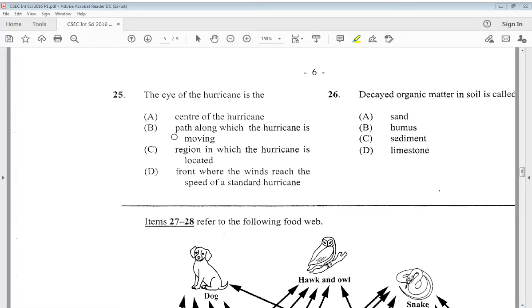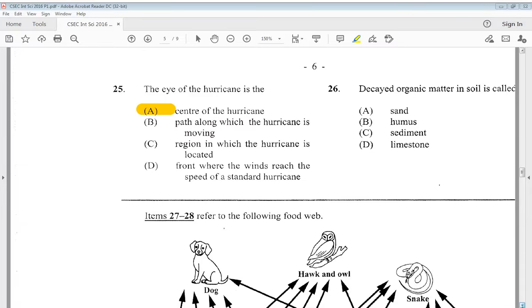The answer is A, the center of the hurricane. In fact, we are in the hurricane season right now, so it's good to be aware of the knowledge that you are learning about. You have learned in the past about hurricanes. It is now applicable in this period of time, hurricane season right now.